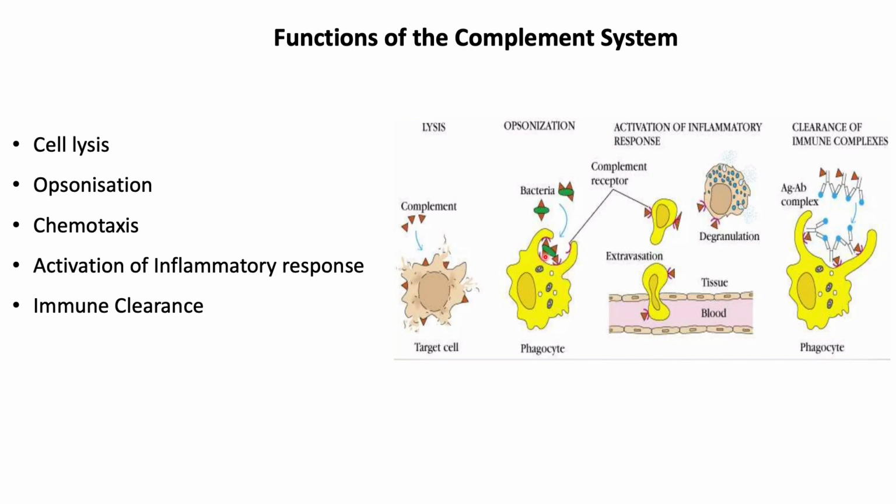Opsonins are molecules that facilitate this process by binding to the surface of the target particle, making it more recognizable for the phagocytes. Another function is chemotaxis, which is the release of chemicals or signals that help attract the immune cells. Then there is activation of the inflammatory response by helping recruit immune cells to the site of infection. And finally, immune clearance, which is the elimination of antigen-antibody complexes.